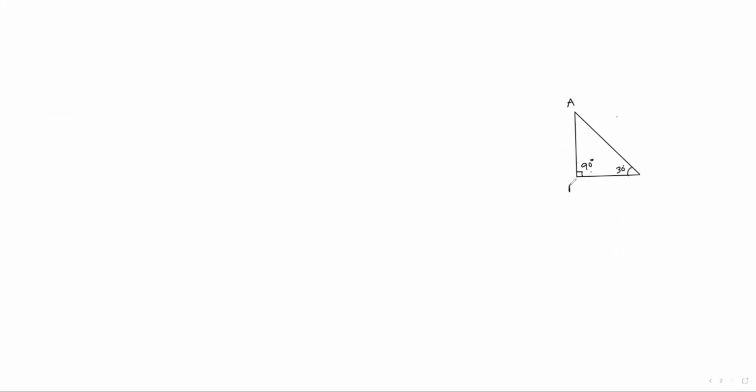So let the triangle be ABC, in which angle B is equal to 90 degrees.